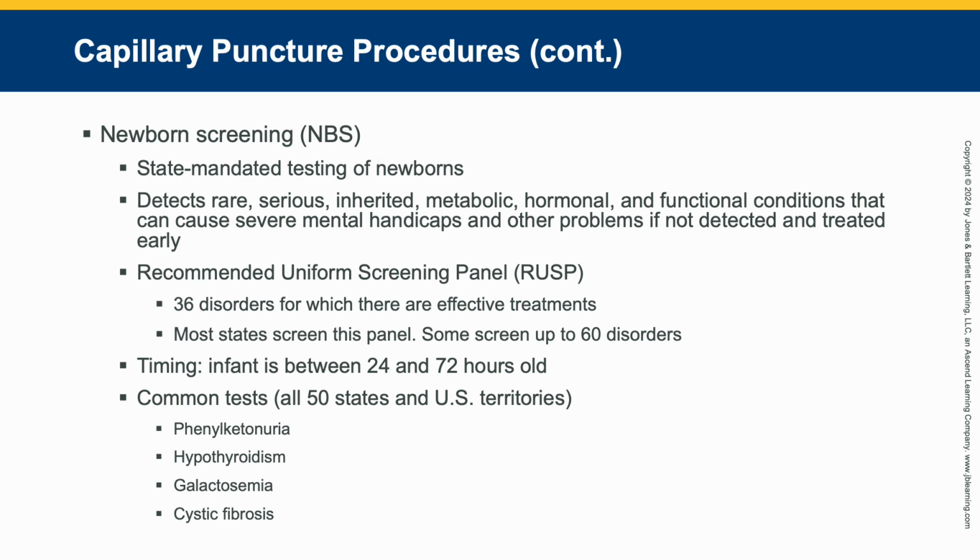But if you look right above that where it's talking about the state mandated, it detects rare, serious, inherited, metabolic, hormonal, and even functional conditions that can cause severe mental handicaps and other problems if you don't detect them and treat them early. So this is a good thing, because if you find out the baby has it, usually you can give them a way better outcome on life, knowing ahead of time and knowing how to treat it early.